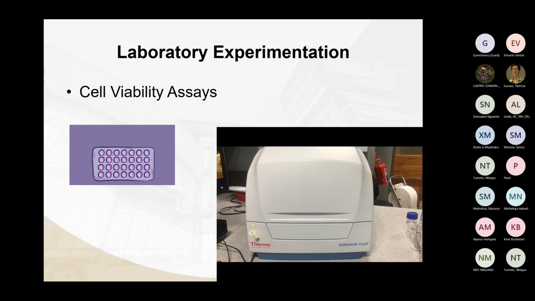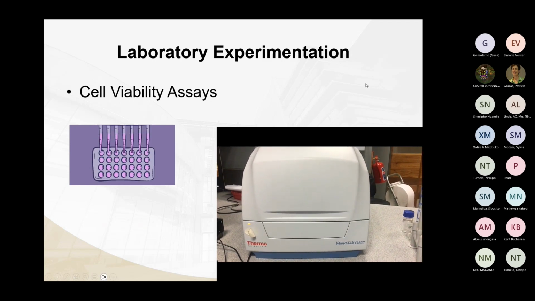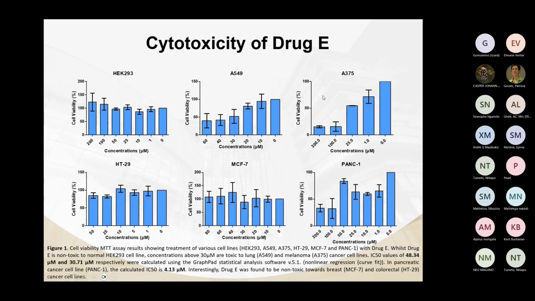So from this machine, it can tell us how is the activity of the drug in different cell lines. So what you're seeing here is different cell lines: lung cancers, melanoma, breast cancer, as well as colorectal cancer. And you can see that this particular drug does kill the cancer cell, but does not kill the normal one.